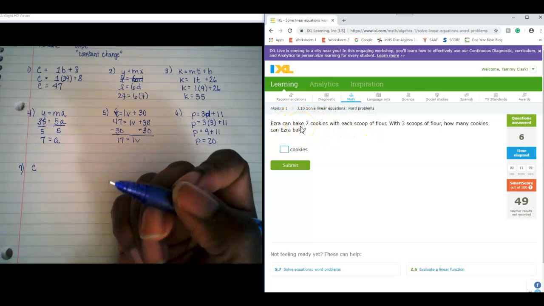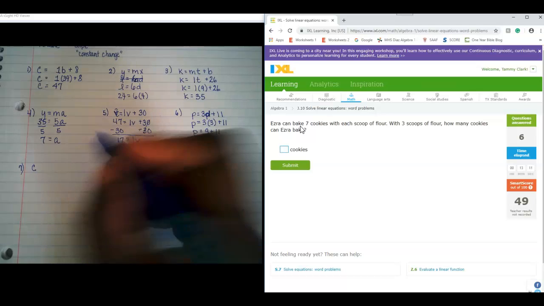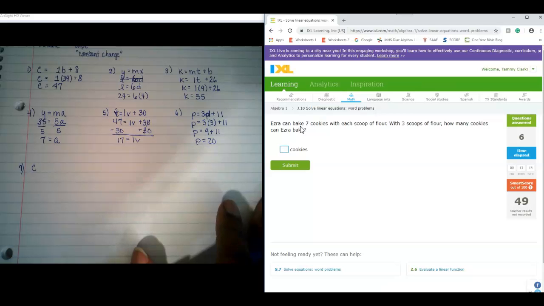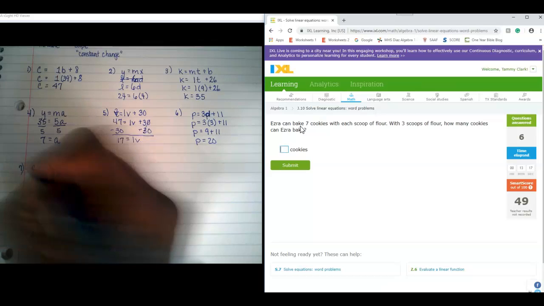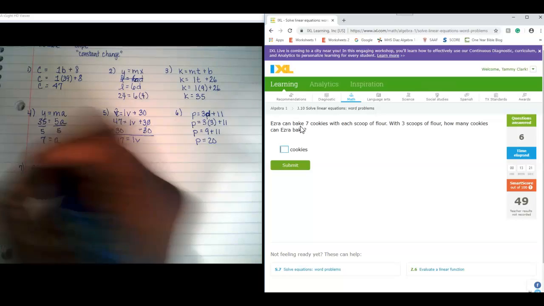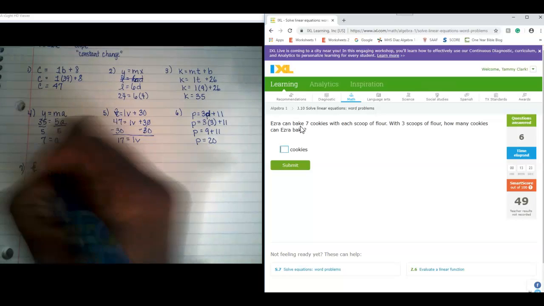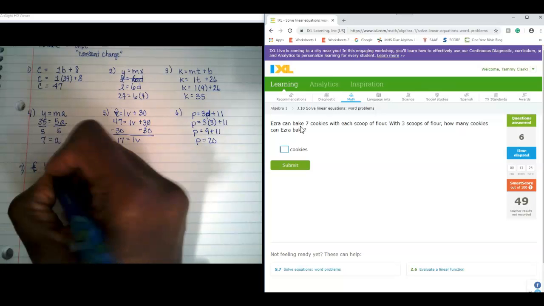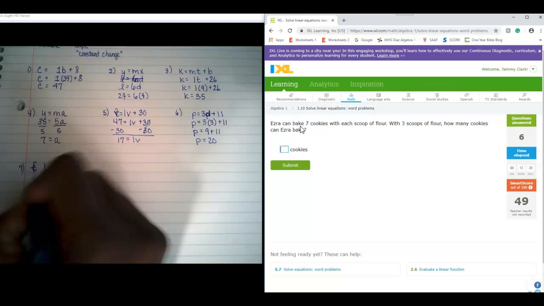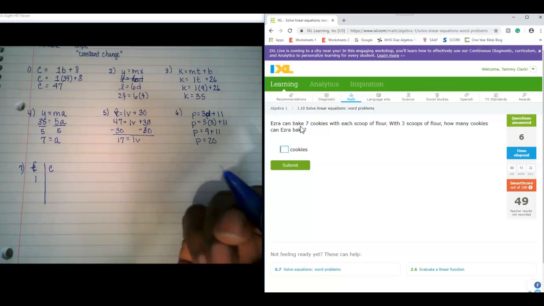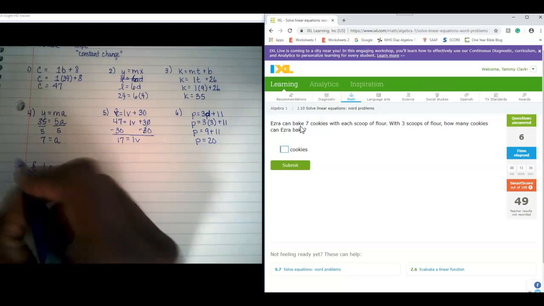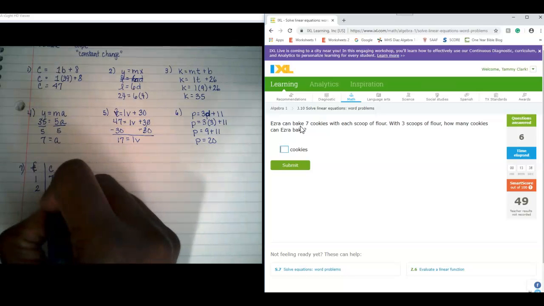Now I want to do something a little bit different here. Maybe you're thinking, is there another way that I can figure this out? Well, absolutely. We know cookies is the output, but flour is the input. So what if I change this to an F and I change this to a C? My input, output. So for 1 scoop, that's 7 cookies. For 2 scoops of flour, that's 14 cookies.